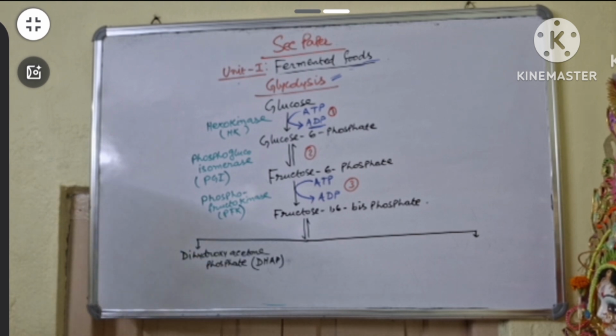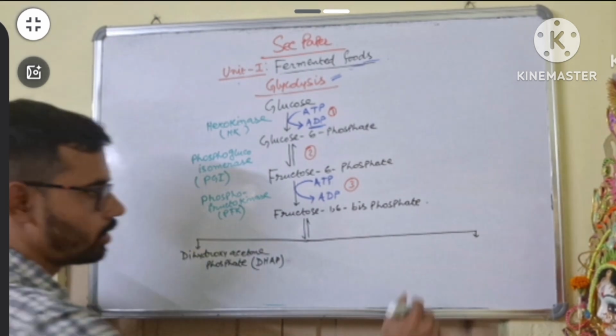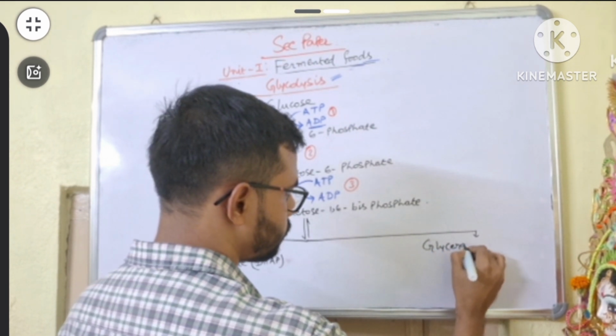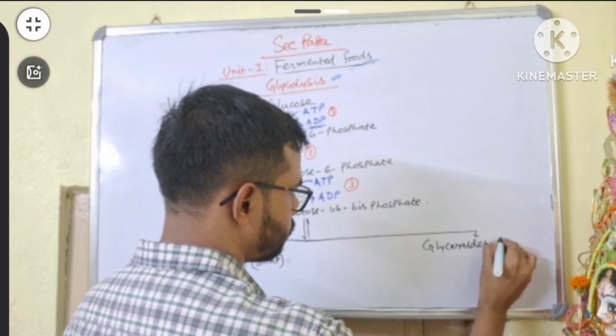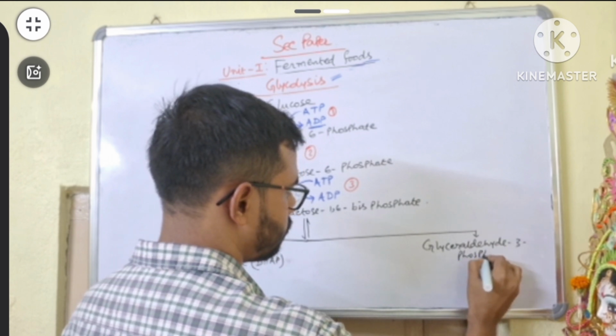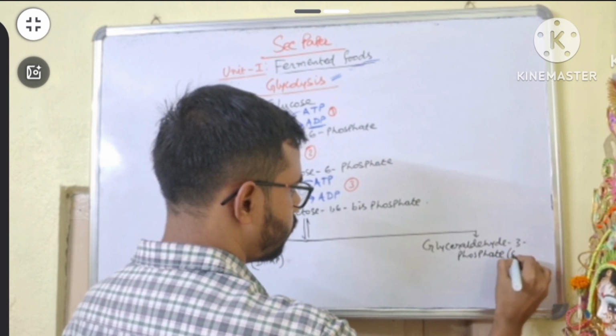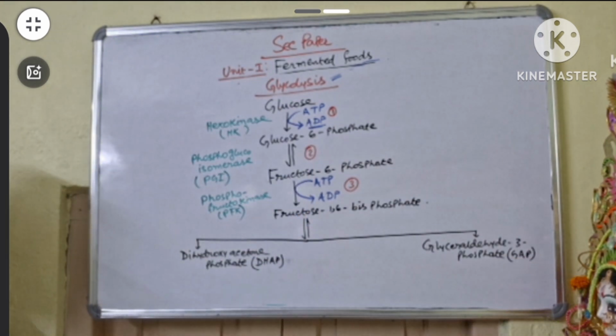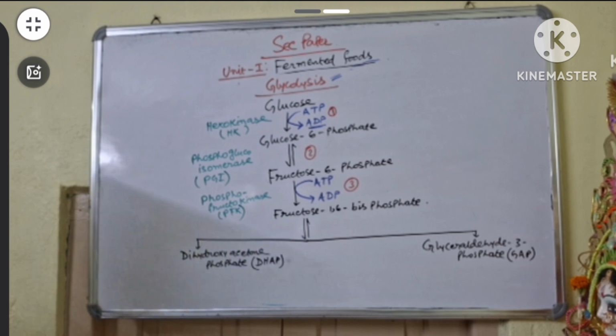And another molecule, glyceraldehyde 3-phosphate. The short name is GAP. So fructose 1,6-bisphosphate just breaks down evenly, splits from the middle and forms DHAP and GAP, dihydroxyacetone phosphate and glyceraldehyde 3-phosphate.